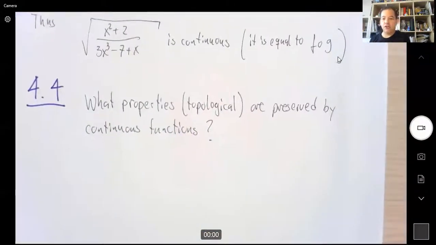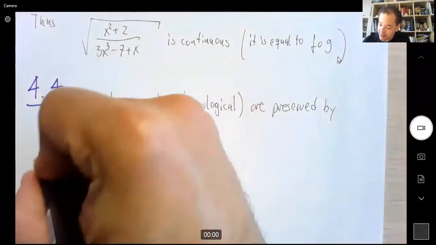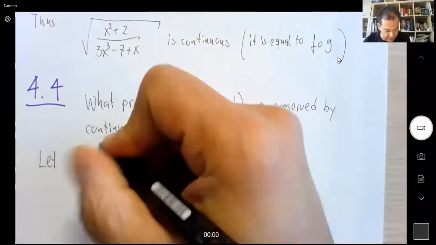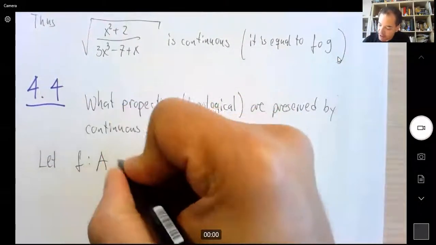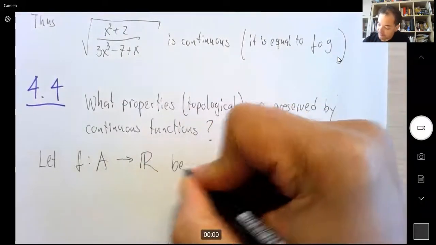That's essentially what we want to talk about. And so in other words, let's say that we have some function that is continuous, right? So let f, say, be a function from A to the real numbers, continuous.